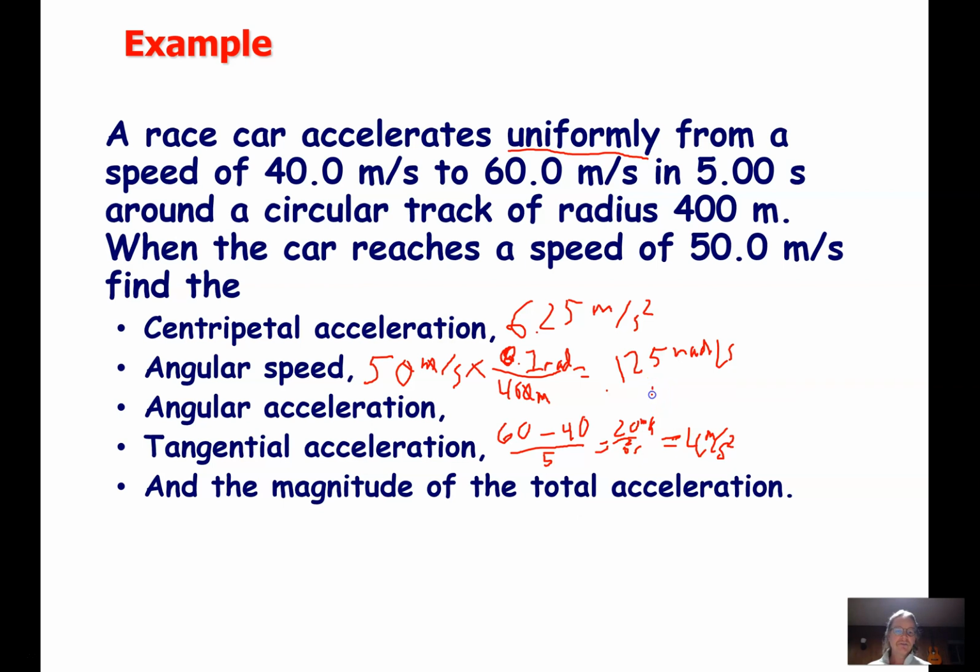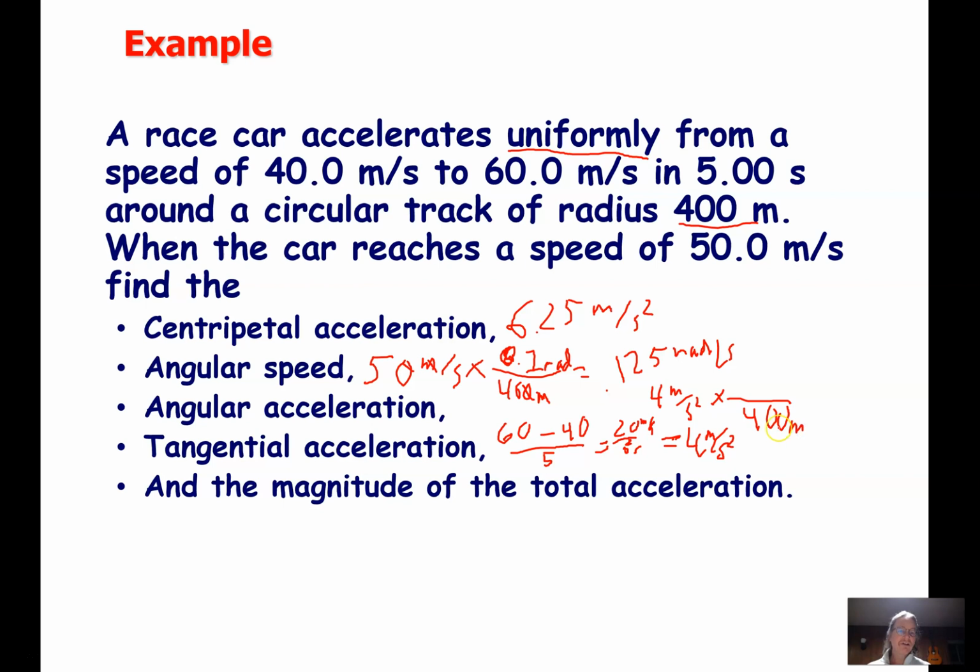So now I'm going to convert the 4 meters per second squared to angular. All I'm going to do now is divide out by the meters, and the meters I have is the 400. And so I'm dividing out by the 400 meters.